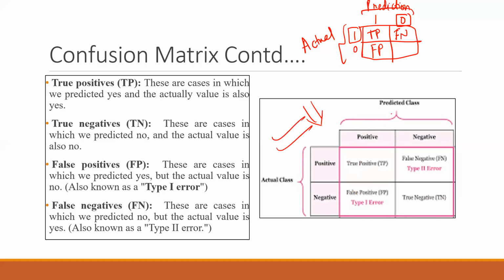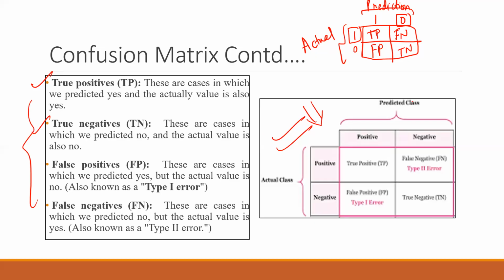Just because it is blurry, I'm explaining in a different figure. If you are saying 0 to an actual 0, if the prediction is also 0, these two are matching, it is true negative. Because you called 0 as 0, this is true negative. So these are the four things that you need to take care of, and this is written on these sides, so you can read the theory.